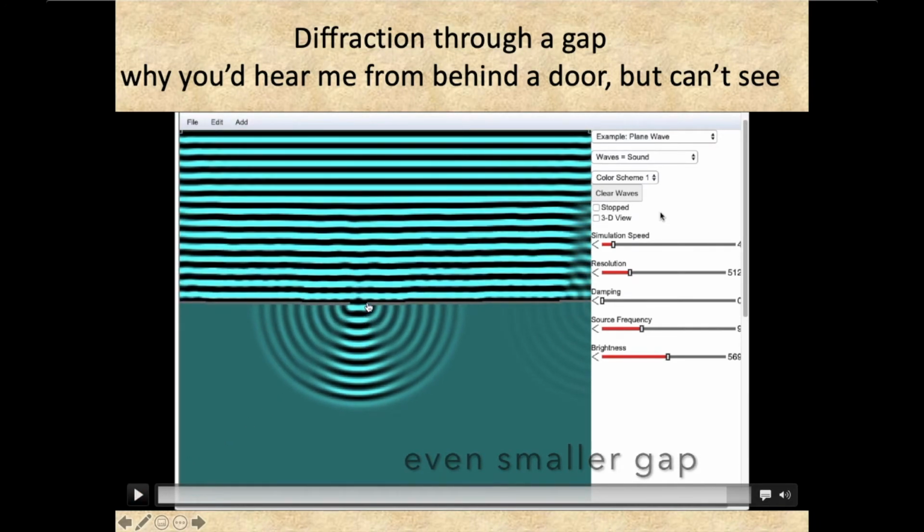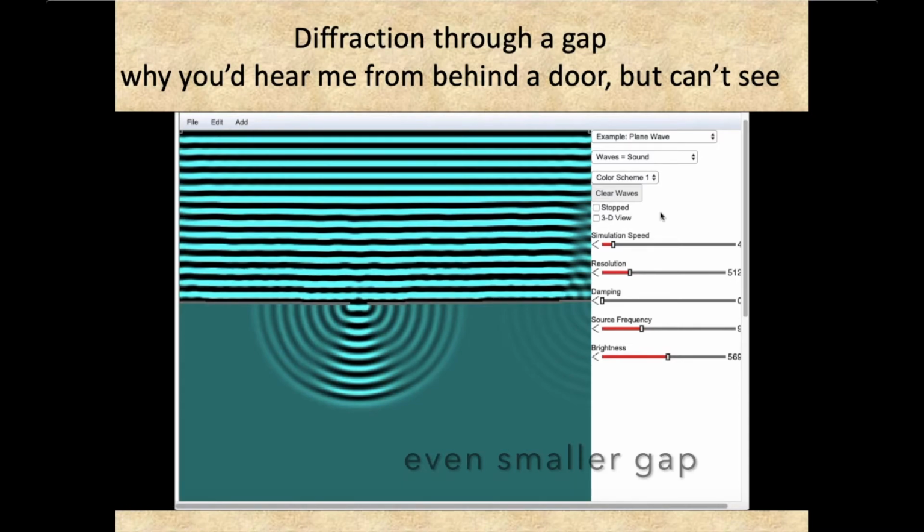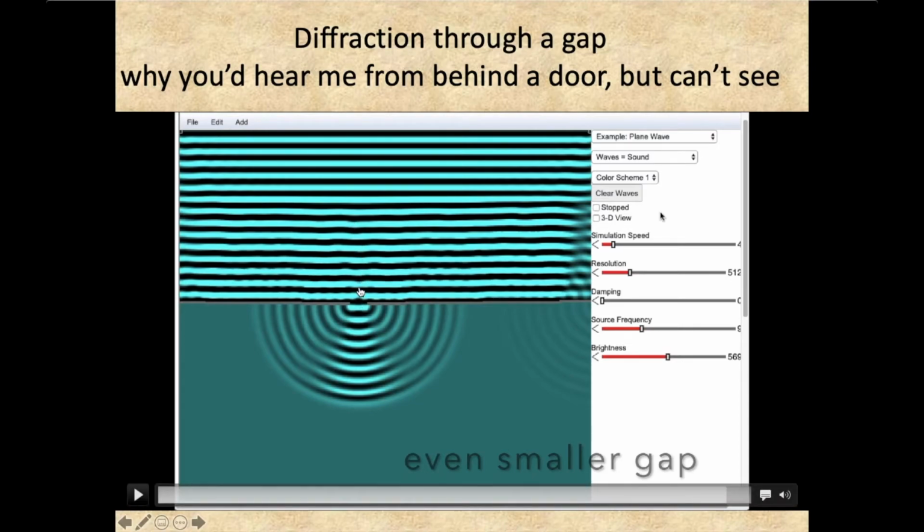Can you see that the smaller the gap gets, the more obvious the diffraction, the more obviously the wave is spreading, because the gap is where the wave continues unchanged, but it becomes circular on the edges, and the smaller the gap gets, the more fully circular the wave continues to spread.